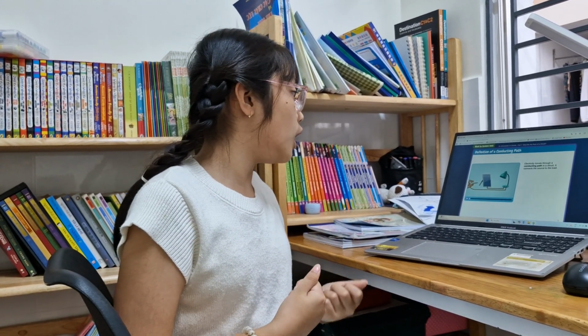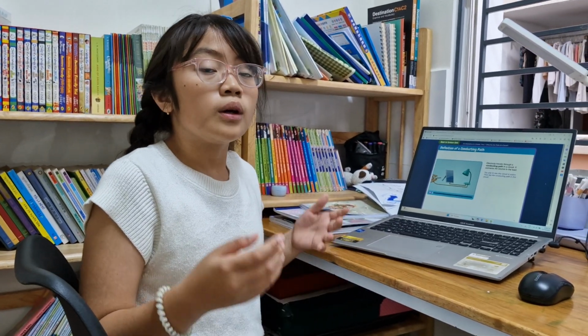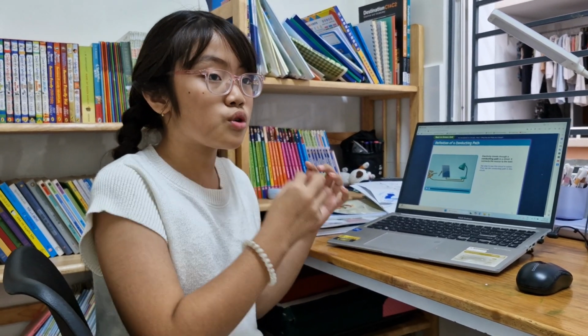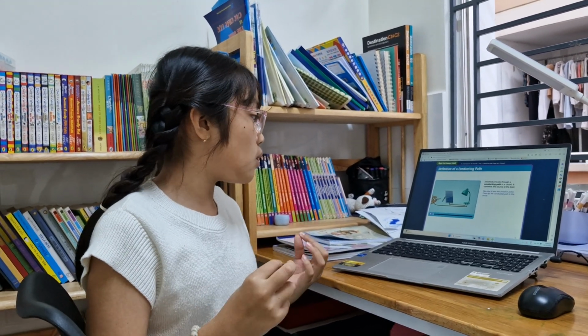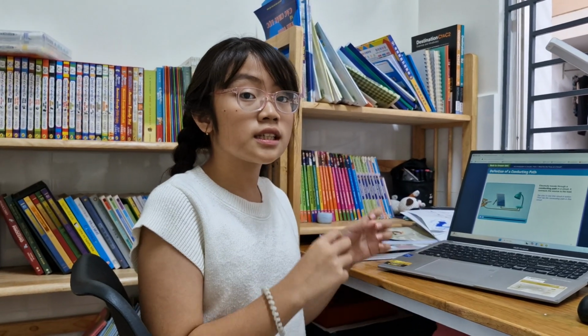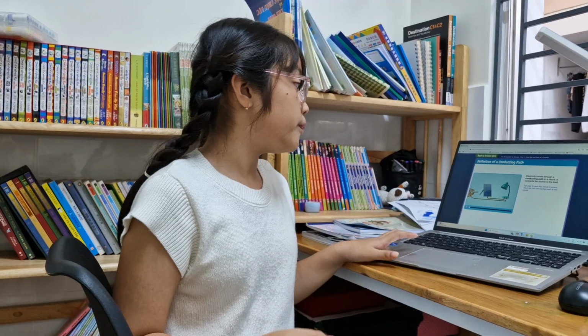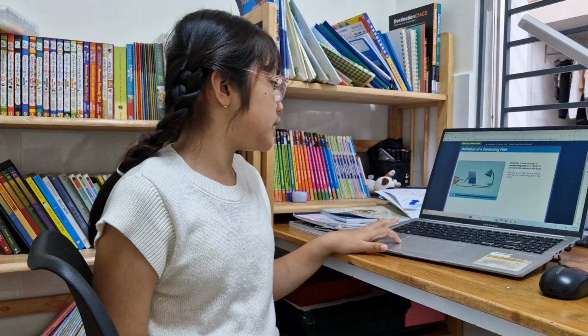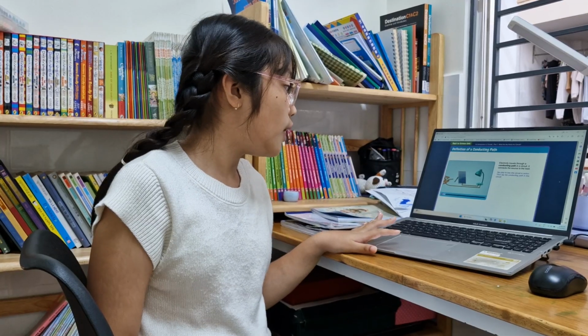Now we have another part of a circuit. Electricity has to travel to the load, so we need a conducting path to connect the electricity from the source to the load. We could see this action of a circuit here.